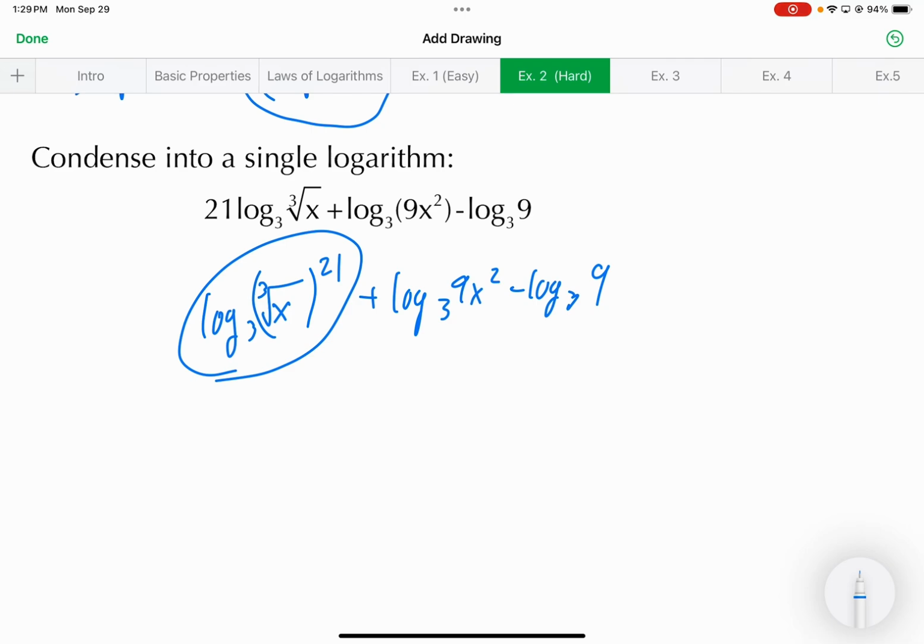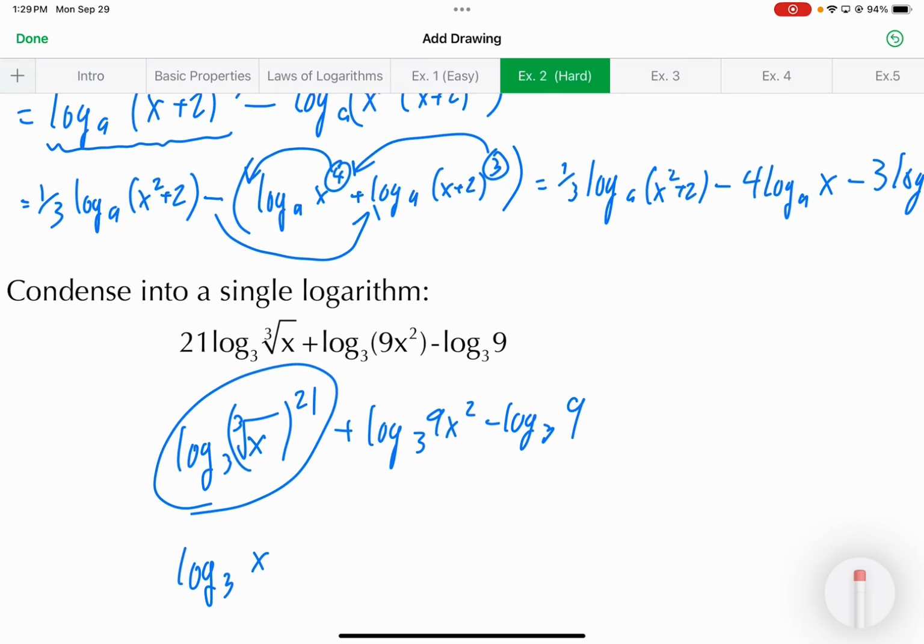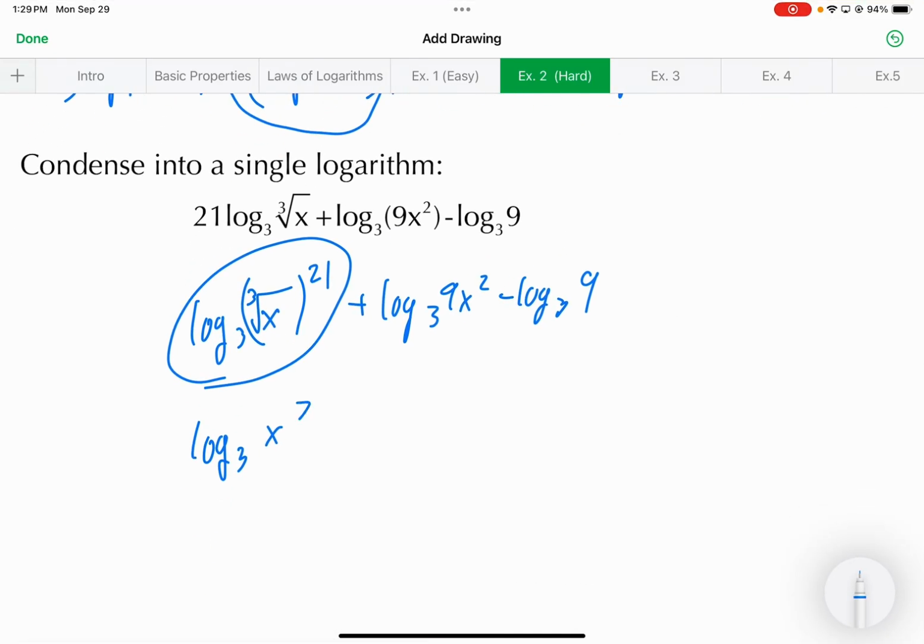So that's going to reduce to 7. Okay. So again, that's log base 3 of x to the 21/3. But really, we can just change that to log base 3 of x to the 7th power. Okay. All right. Plus, I'll just write my other terms, and then we'll go slow and simplify them in a second. And minus log base 3 of 9.